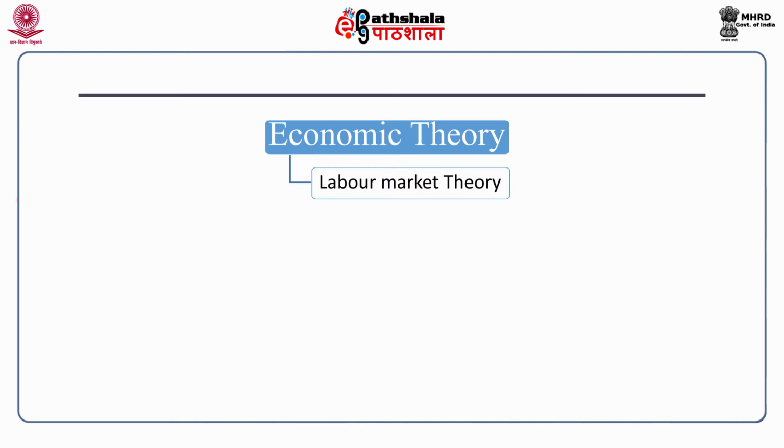Labor market theory. It suggests that compensation, like any other price, is determined by the forces of demand and supply. The employer has to understand his requirement related to number and type of employees at a particular compensation level.